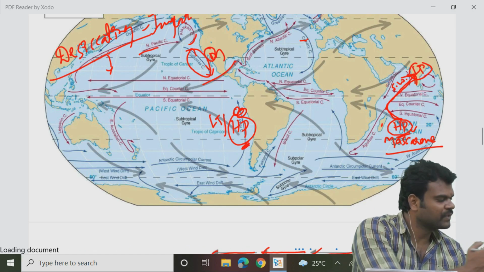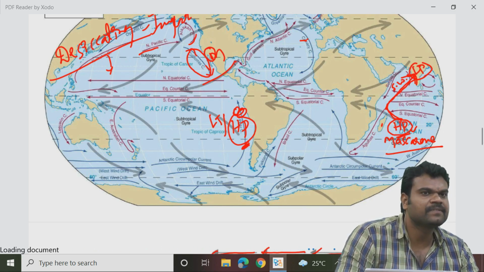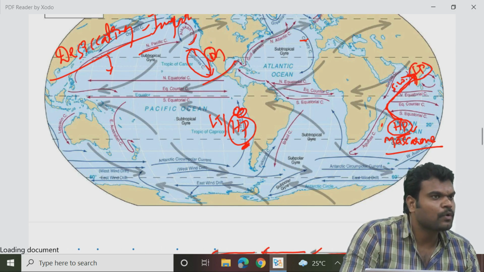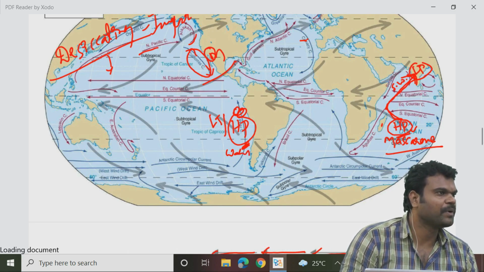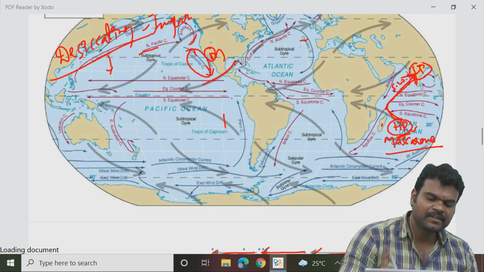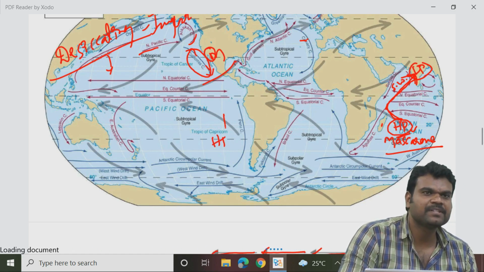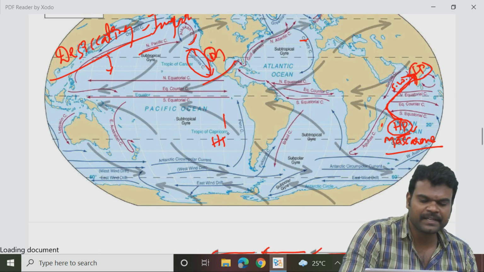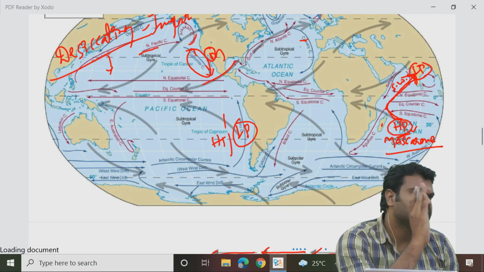Listen carefully. So every 3 to 7 years, due to the weakening of trade winds, the regular cold waters, or the regular cold Peruvian current, is replaced by warm waters. Got the point? Which means, what about the temperature right now? Whenever you have the replacement of the cold Peruvian current with warm waters, high temperature. And what about the pressure? Low pressure. We all know that wind blows from high pressure to low pressure.